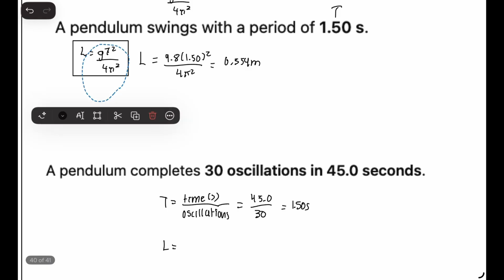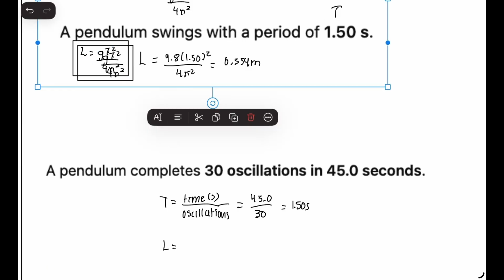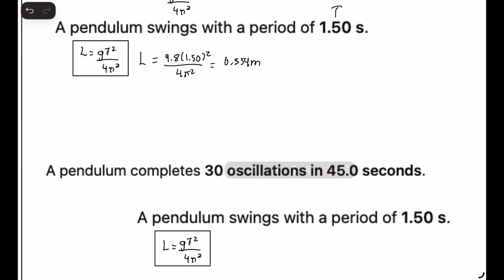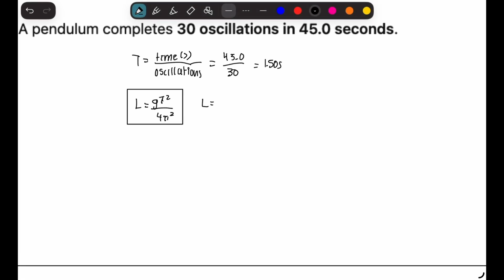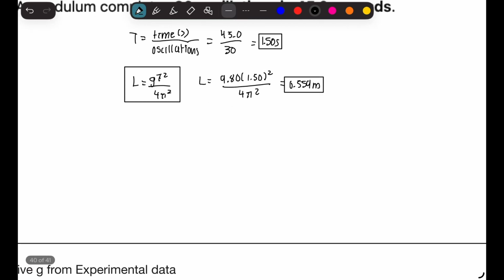L is equal to GT squared divided by 4 pi squared, and plugging in, that is 9.80 times 1.50 squared divided by 4 pi squared, which is equal to 0.559 meters, and the period is 1.50 seconds. So those are how you do those problems with T squared.